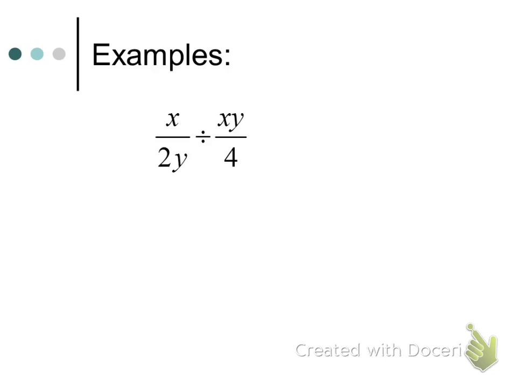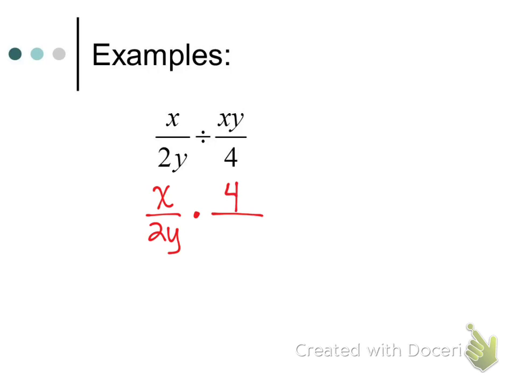All right, we'll start in on our examples. So the first thing I'm going to do is rewrite my problem. First fraction stays the same. I change this from division into multiplication. My second fraction flips.